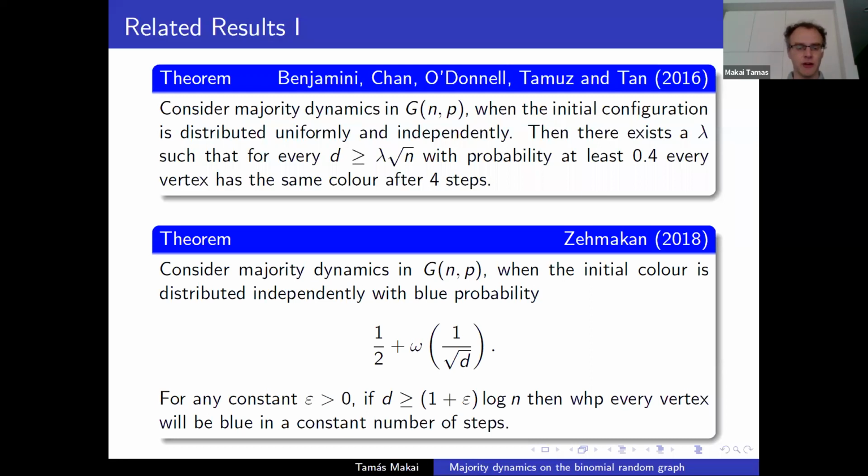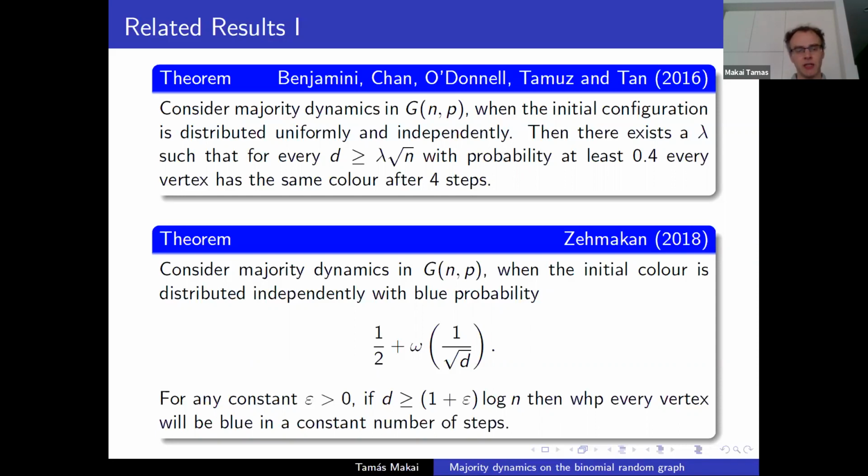Since that proof, many people have studied the process, but most results assign the initial vertex colors in a different manner. So the first result is due to Zehmakan, and he showed that, again, majority dynamics in G(n,p), and the initial colors are still assigned independently, but instead of the uniform probability distribution, he gives the blue colors a small bias.